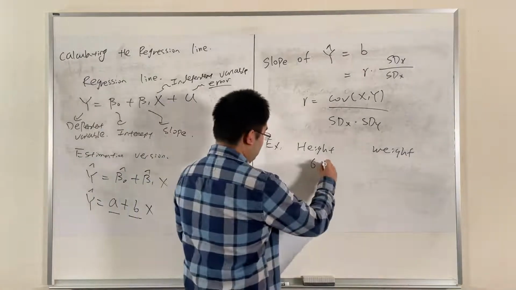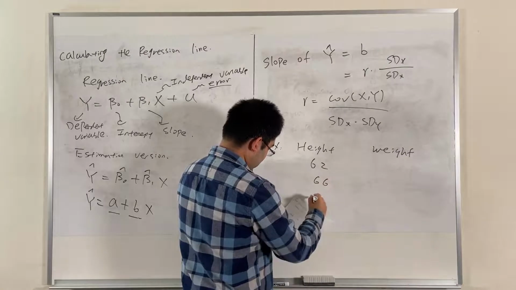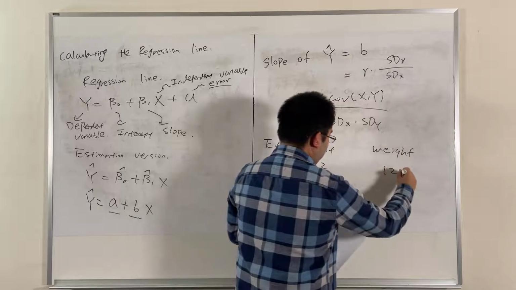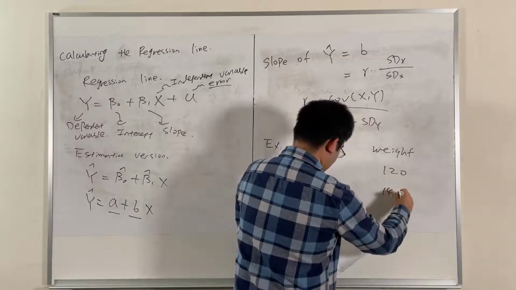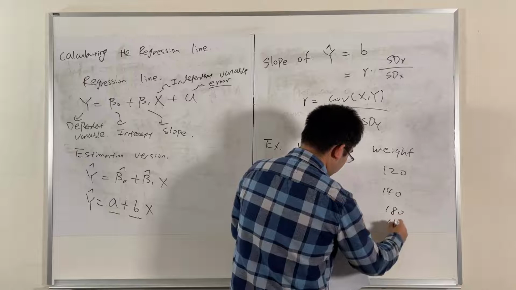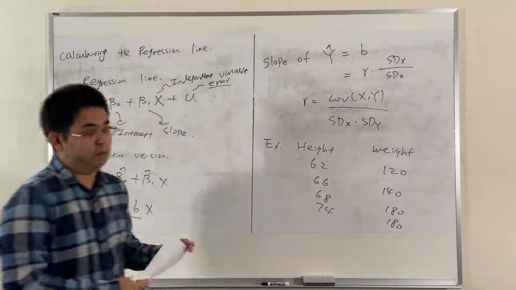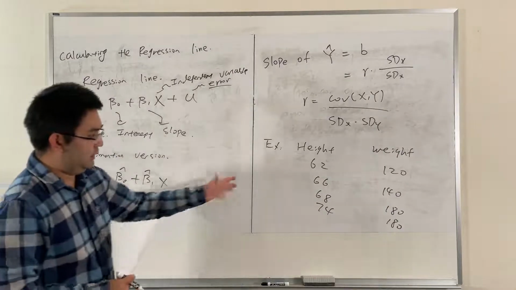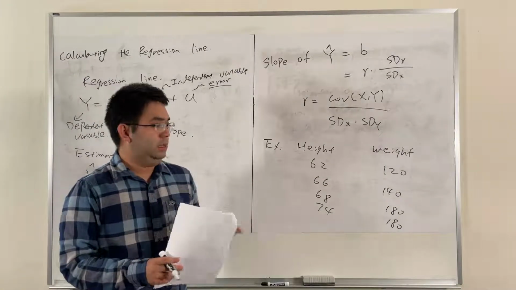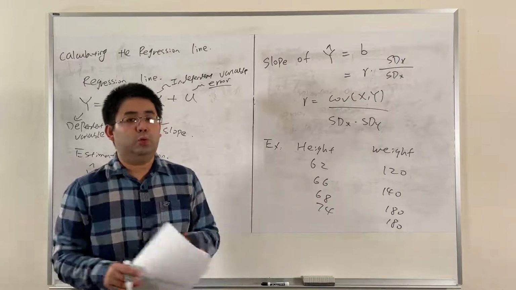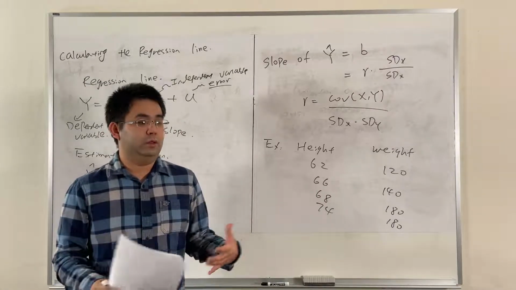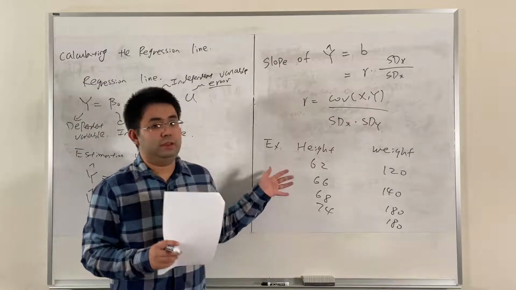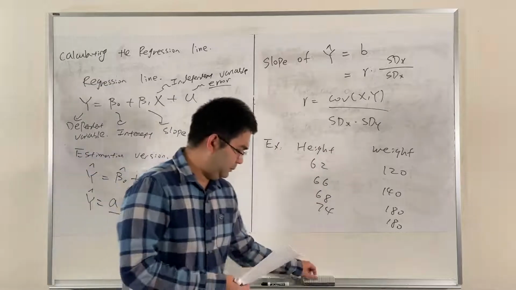So height 62, 66, 68, 74, and then weight 120, 140, 180, 180, right? Each pair represents a person. As you can see from here, the sample is definitely small, right? And when we have a larger sample, we do not calculate by hand, because it gets really difficult and really tedious. So we only do this when we have a smaller sample size.